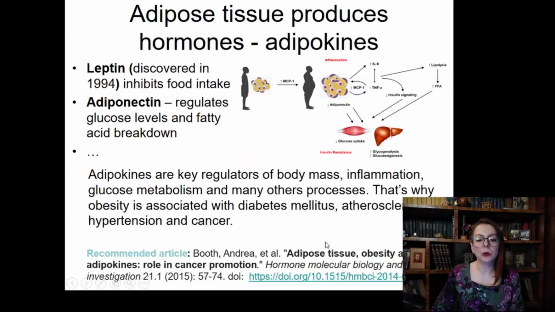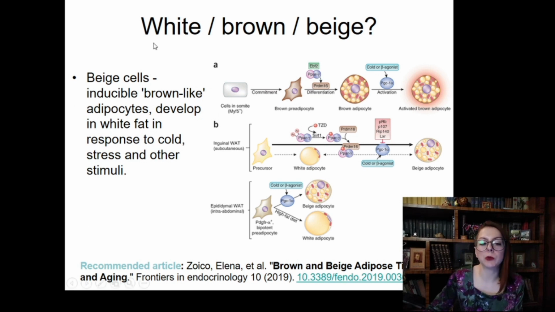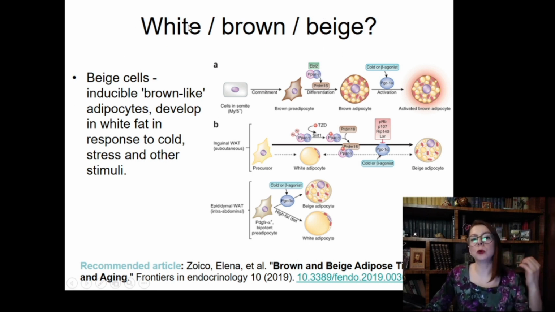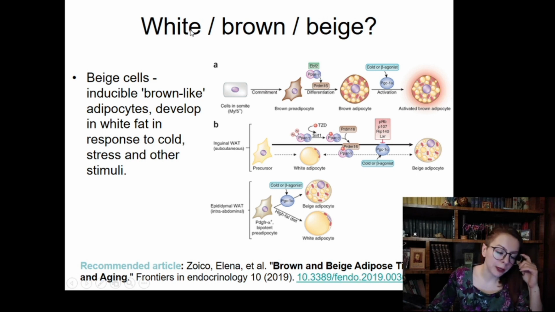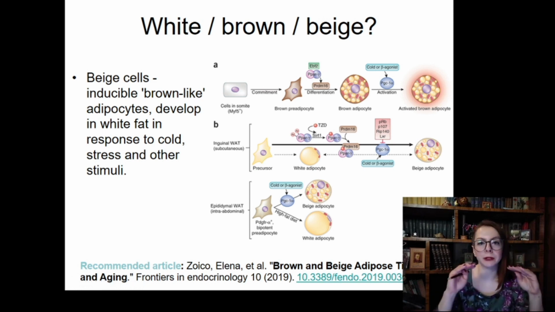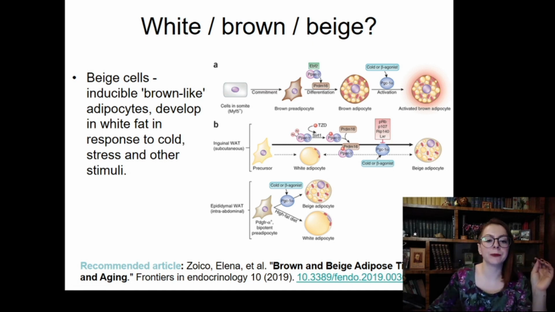And also we have to mention, besides white and brown adipose tissue, there is a so-called beige tissue, and it is formed from white under the action of cold and stress. So what happens? Usually white and brown adipocytes are formed independently from different sources. Brown adipose tissue derives from the same precursor as smooth muscle cells, while white derives from another precursor.